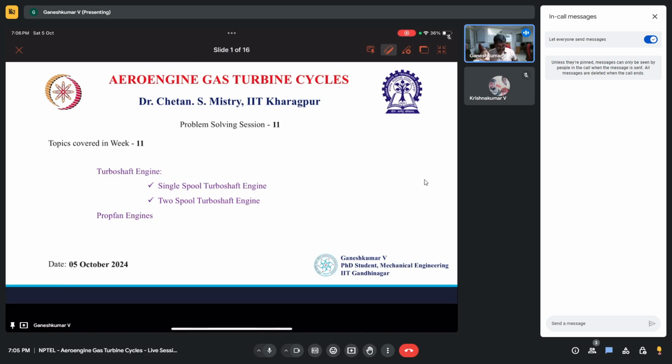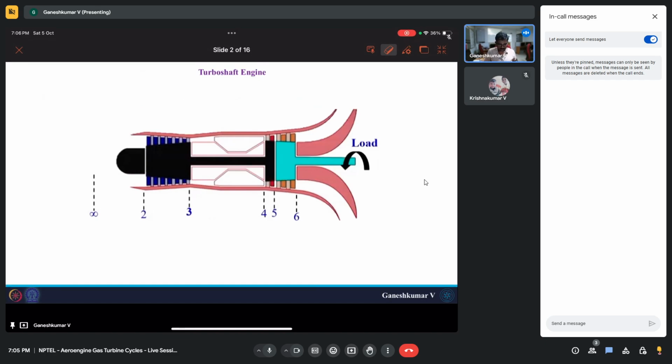All right. So what do we know about turboshaft engines? We started with turbojet engines, and in turbojet engines, our main goal was to get thrust. Now in a turboshaft engine, our main goal is to get power out of it. So we are not interested in producing thrust with this engine, but we are interested in producing power.